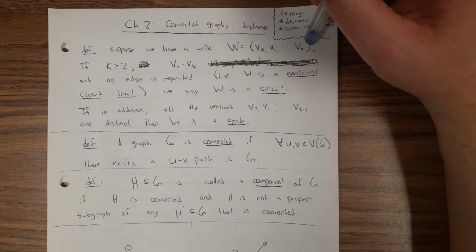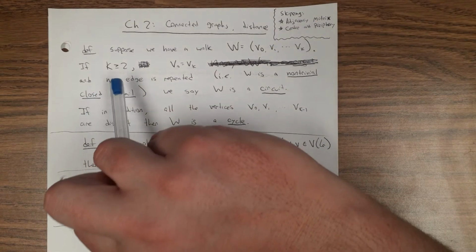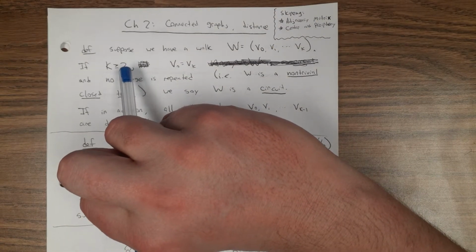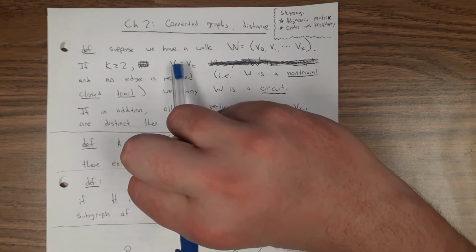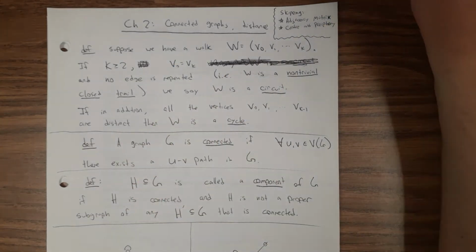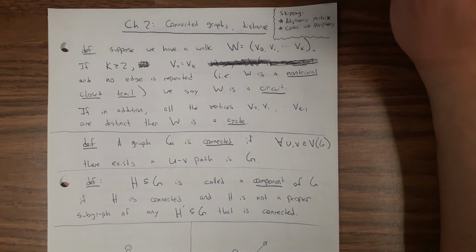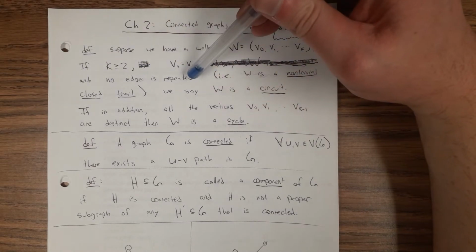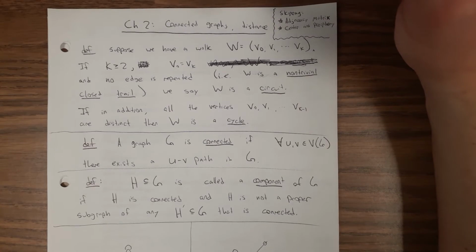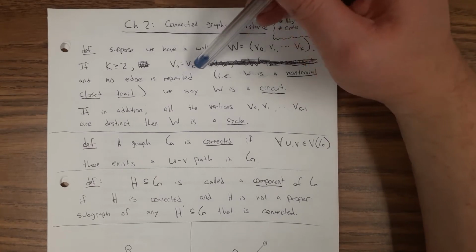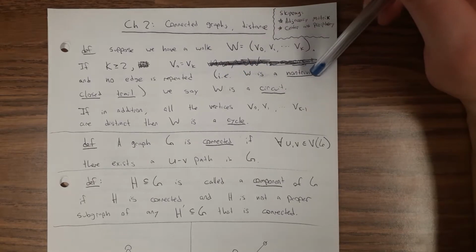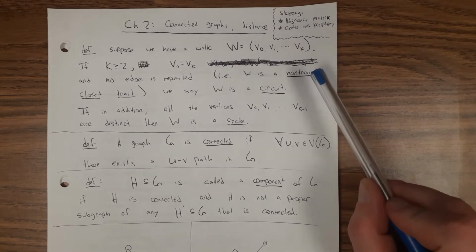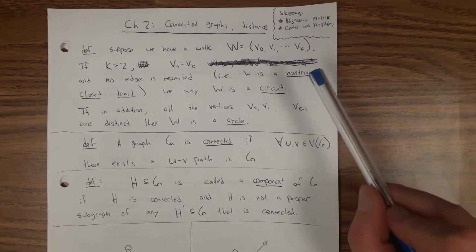So suppose we have such a thing, and suppose it's a walk of length at least 2, and that the first vertex and the last vertex are the same, and that there's no repeated edge. Another way of saying this is that W is non-trivial.